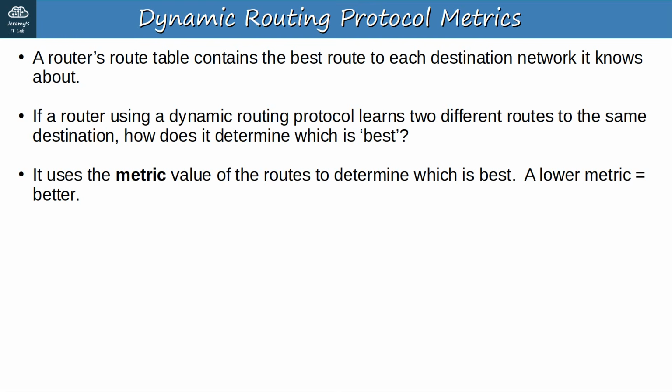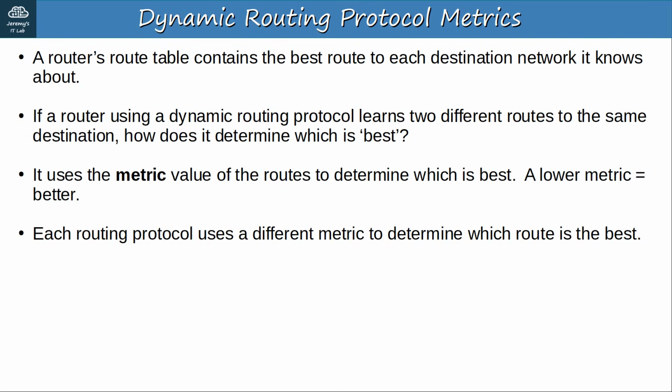It's like the root cost in spanning tree. A lower root cost is considered superior, so the interface with the lowest root cost will become the root port. For dynamic routing protocols, the route with the lowest metric is considered best and will be entered into the routing table. Each routing protocol uses a different metric to determine which route is the best.